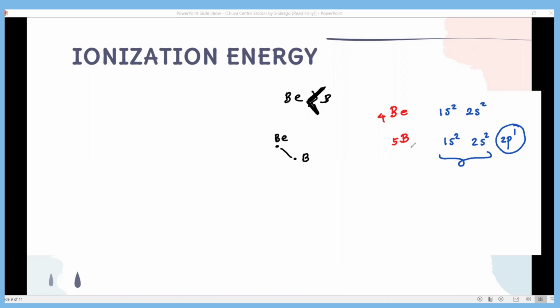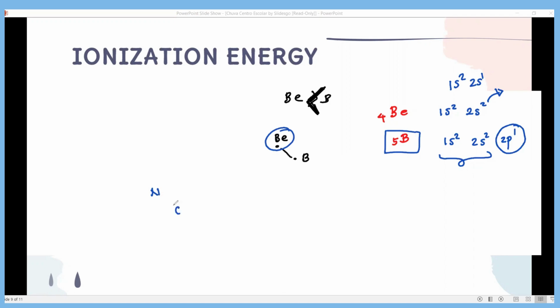Since it stabilizes the atom, removing one electron requires a smaller amount of energy and can be done easily. But for beryllium, if we remove one of the electrons, the atom becomes unstable because the configuration turns into 1s2, 2s1. In that case, removing one electron from beryllium requires greater energy compared to boron.